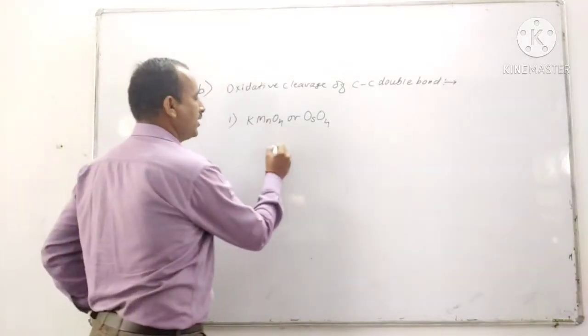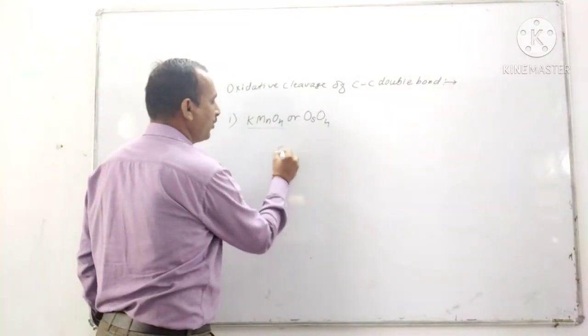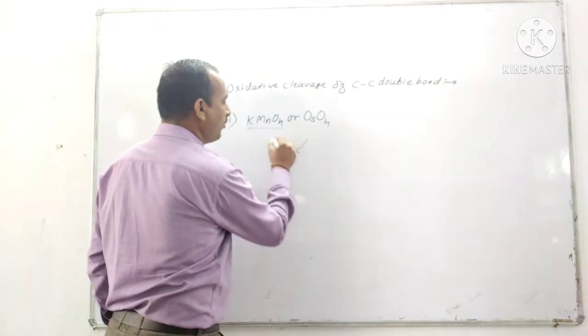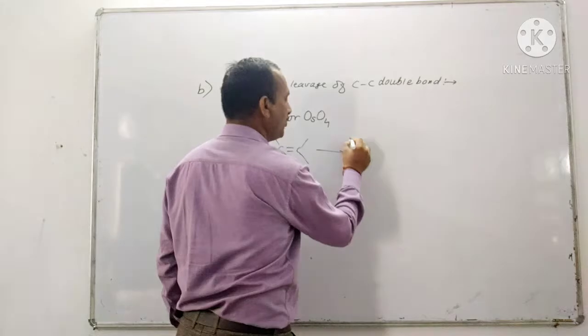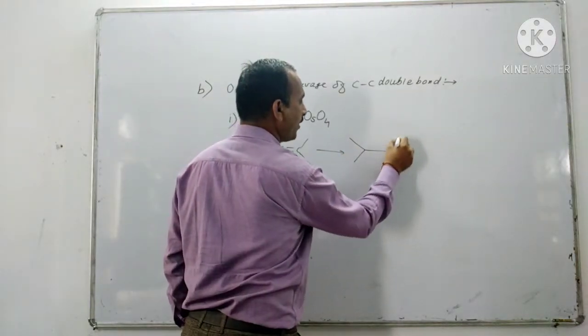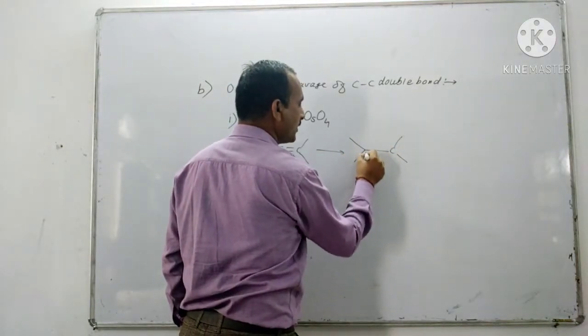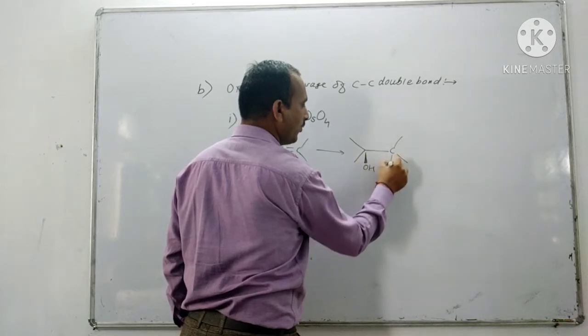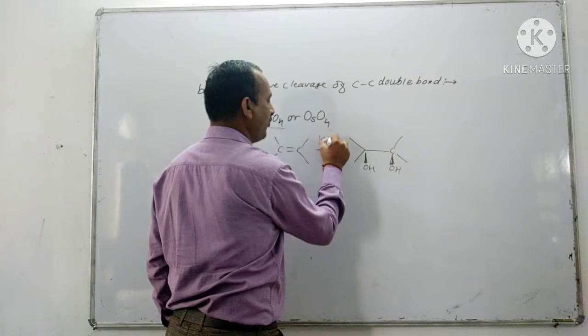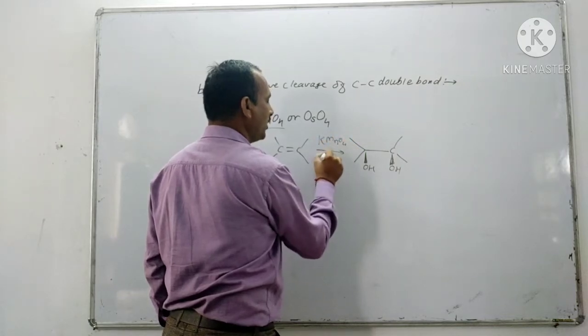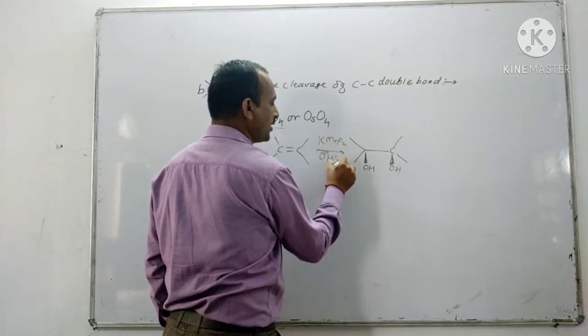So in presence of alkaline KMnO4, carbon-carbon double bond gets oxidized to form the syn-diol. Formation of syn-diol takes place by using KMnO4 in alkaline condition.